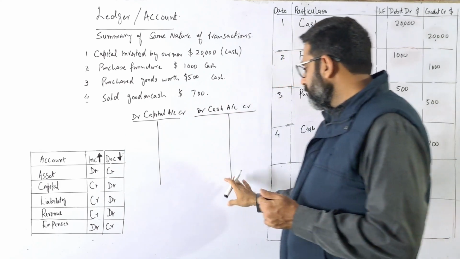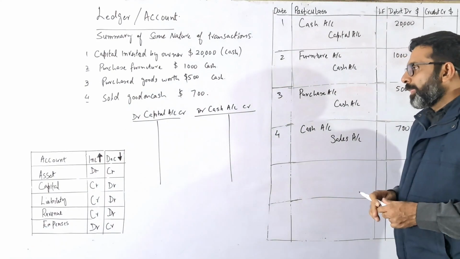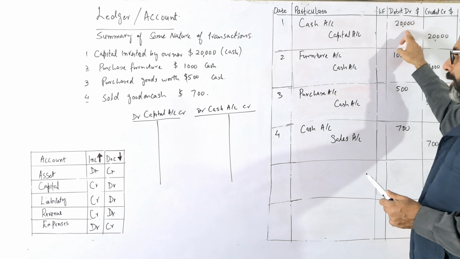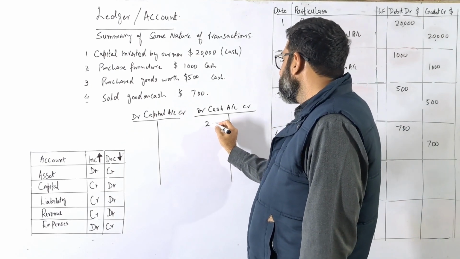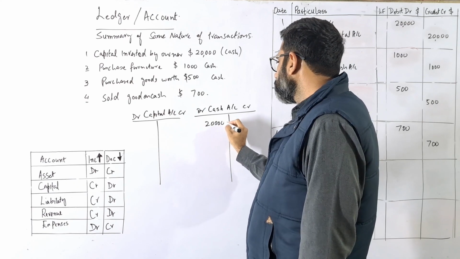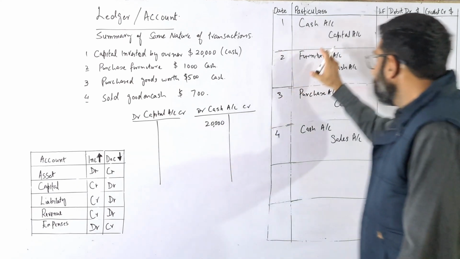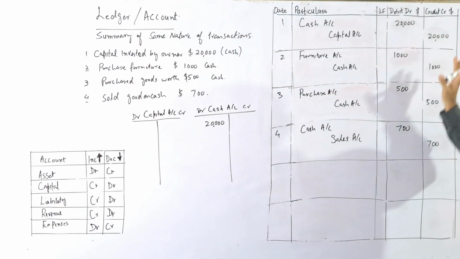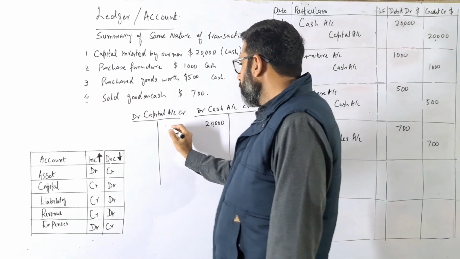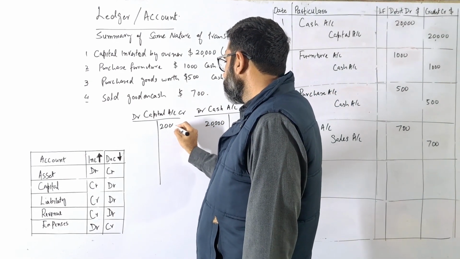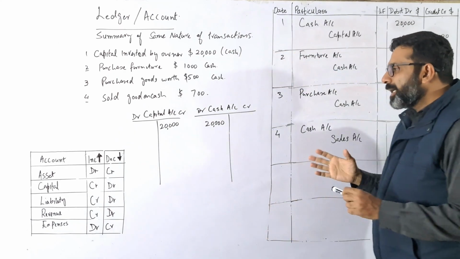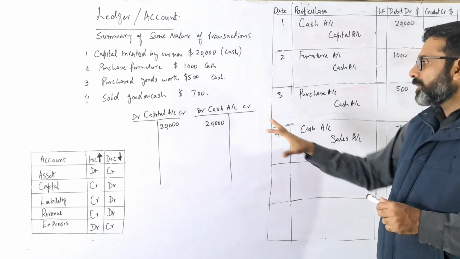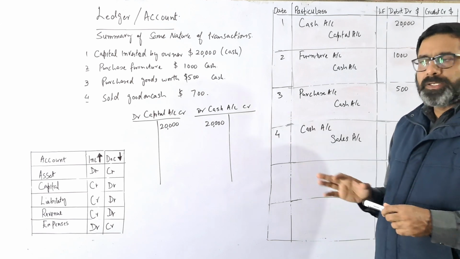So 2 accounts we have maintained. Cash on the debit side, so here we will write the cash of 20,000 as a debit, and then the capital, that is a credit, so we will write the same 20,000 on the credit side. Because these are the basic nature of the transactions, we are preparing a very simple T account.